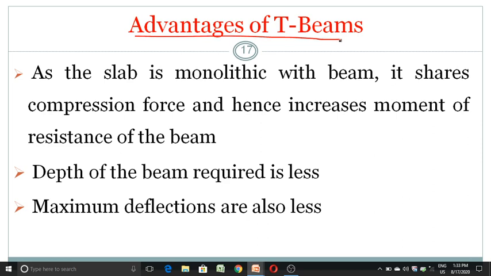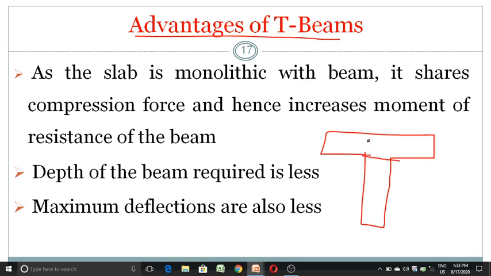So let us see the advantages of T-beams. Here we have a few advantages. As the slab is monolithic with the beam, it shares the compression force, hence it increases the moment of resistance of the beam. As already discussed, in T-beams, beams and slabs are cast monolithically, right?